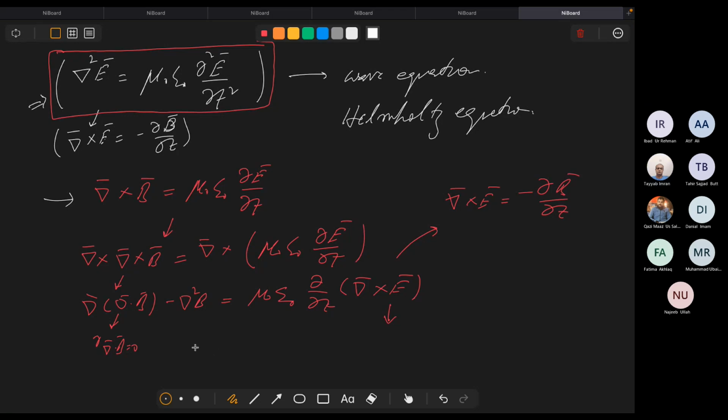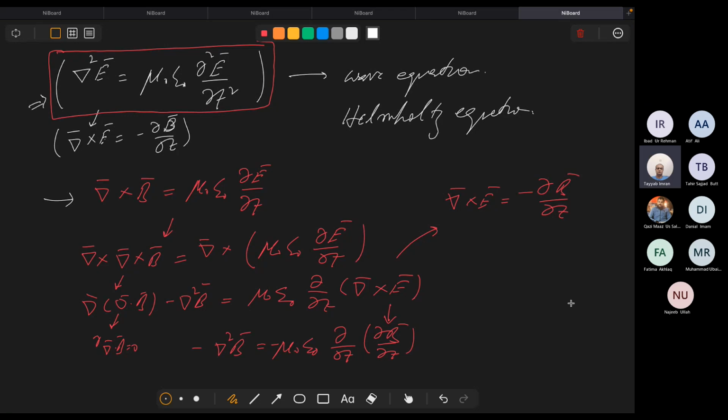So minus del square B, and here the minus sign will come. You have ∂/∂t and ∂B/∂t.